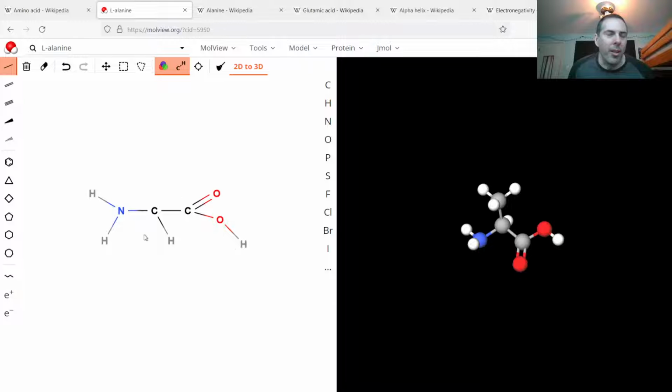I'm drawing it as a neutral molecule, whereas in a cell this would be a negative charge without the hydrogen, and there'd be an extra hydrogen over here with a positive charge. So this is the starting point for any amino acid, and with alanine you have a methyl group as the side chain.